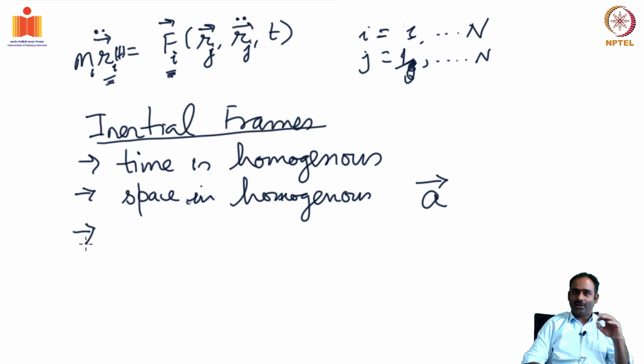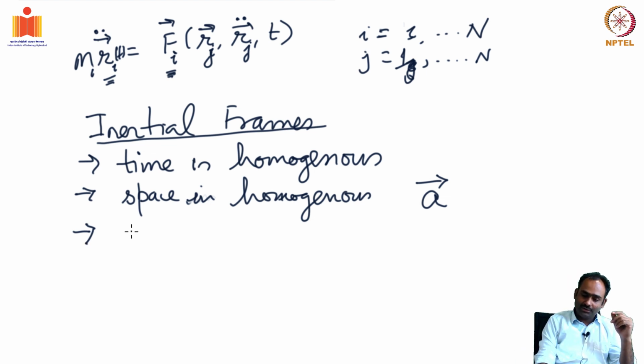Doing this rotation will also not change the outcomes of your experiment. All orientations are equivalent, and we say this more formally as space is isotropic. Isotropic meaning equivalent in all directions. So I say space is isotropic.